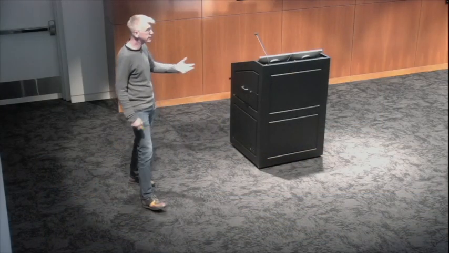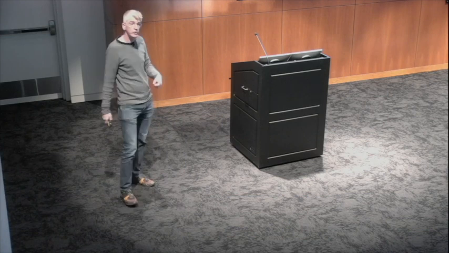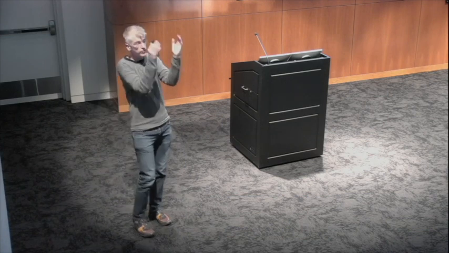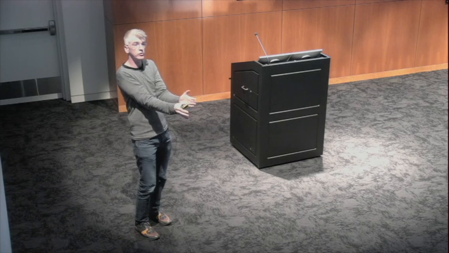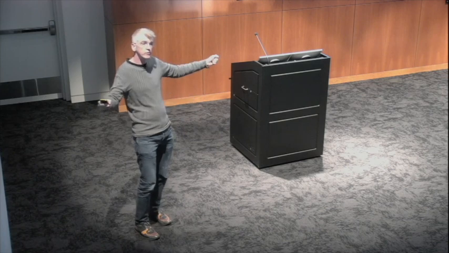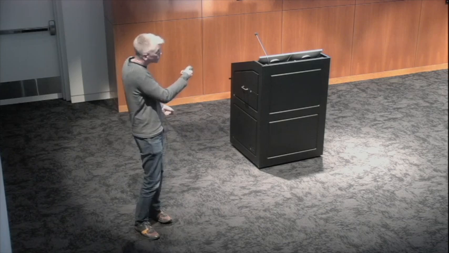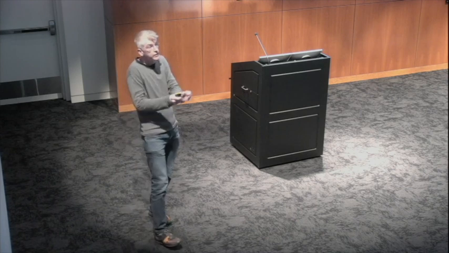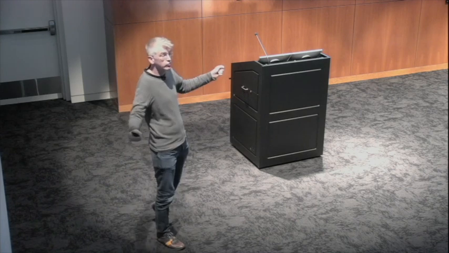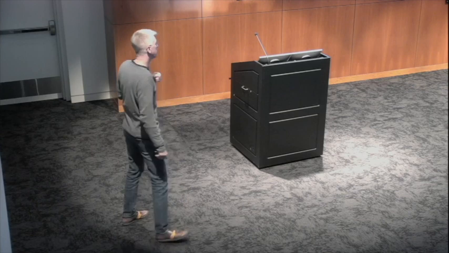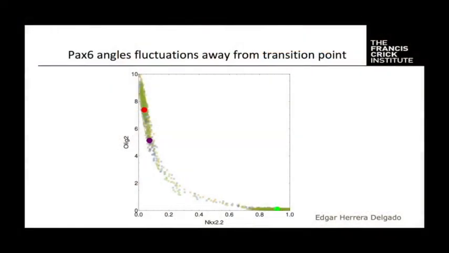Now, of course, in a PAX6 mutant, you completely lost that dimension. So now the fluctuations are flattened down into two dimensions. So the same magnitude fluctuation is now directed towards that bifurcation point, and the same magnitude is therefore more likely to reach it because you're not angling away from the OLIG2.